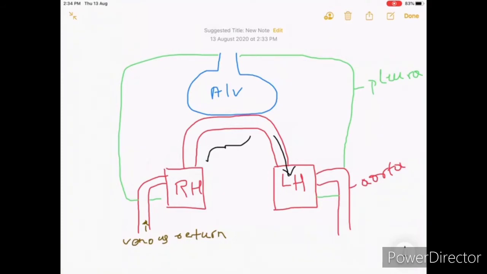So for the left heart, it is during the expiratory phase that the preload decreases. So again, using the Frank-Starling law, when the preload decreases, the stroke volume decreases.